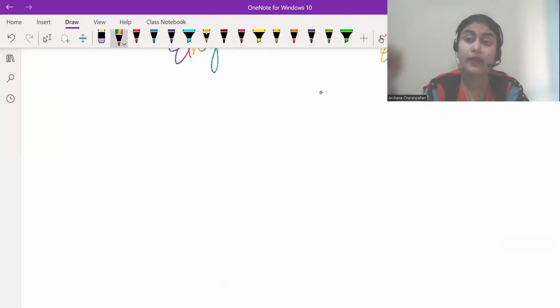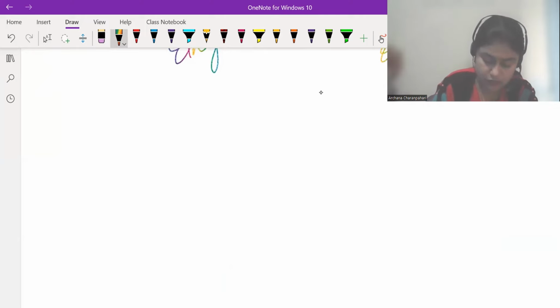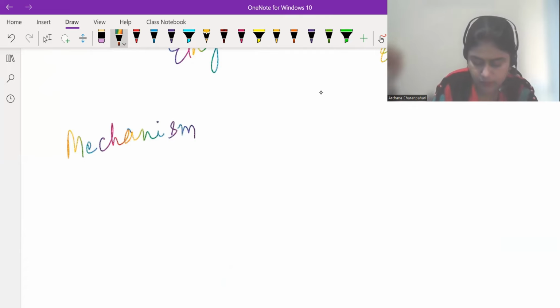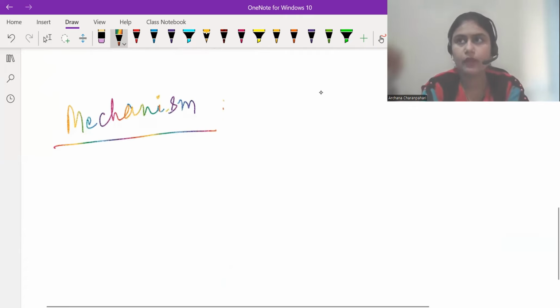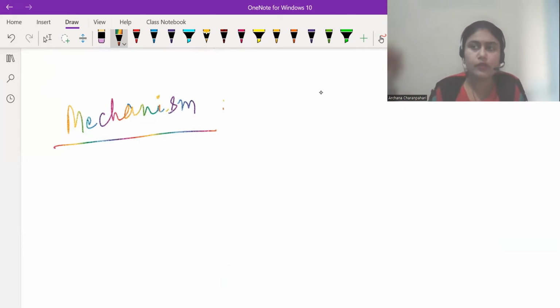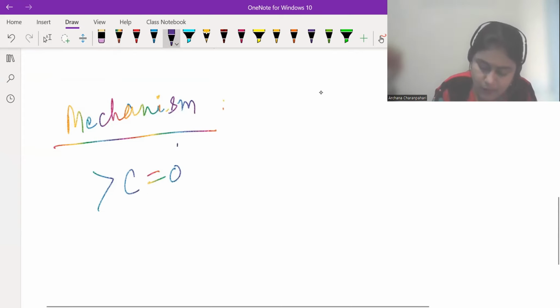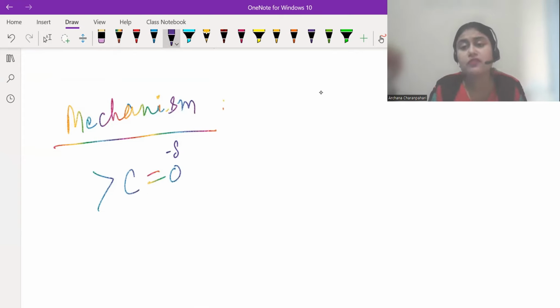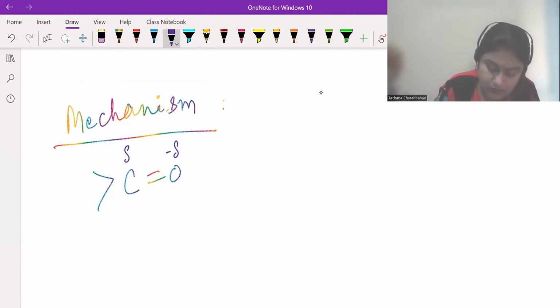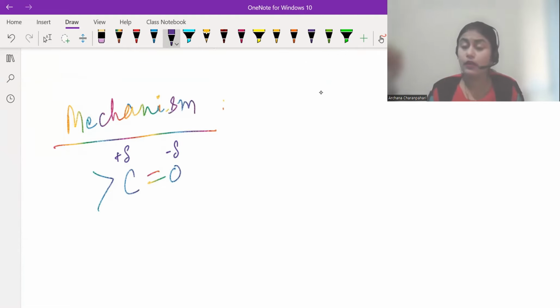Now let us see the mechanism of this particular reaction. Let us begin with your carbonyl compound. We know very well that oxygen will always carry a partial negative charge because it's an electronegative atom. As compared to that, carbon will carry a partial positive charge. So this is your carbonyl compound.